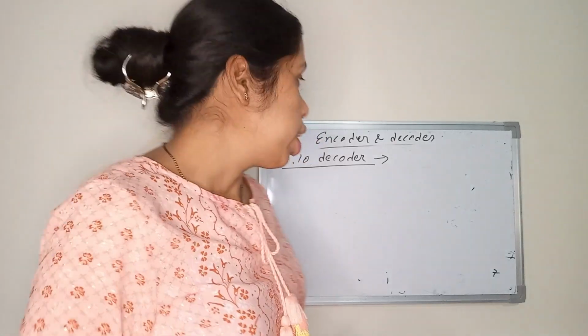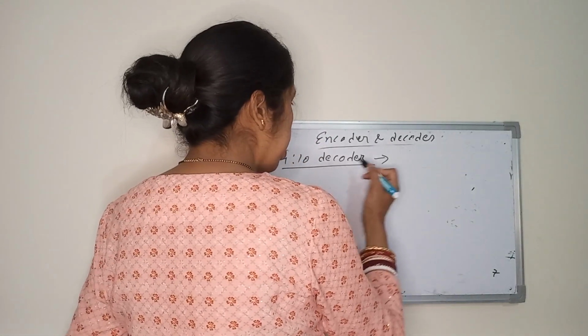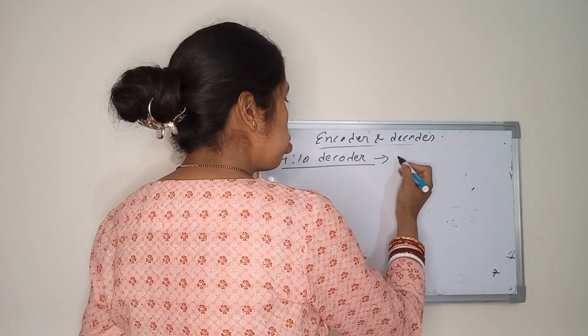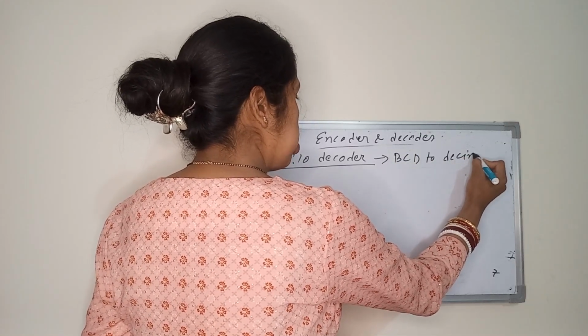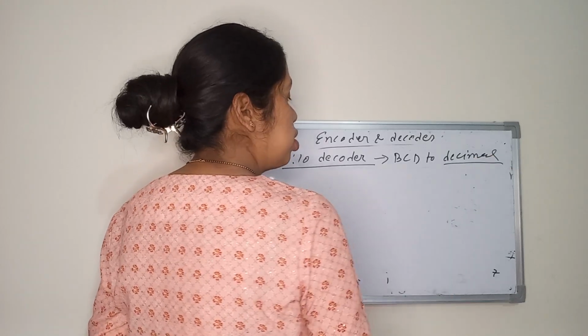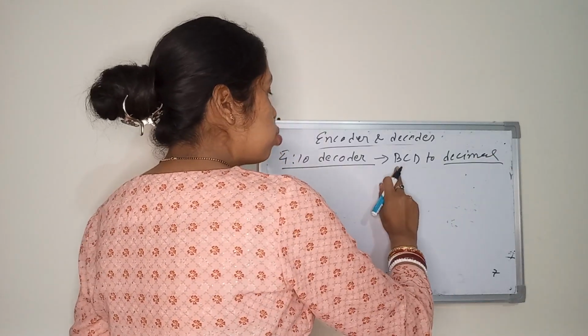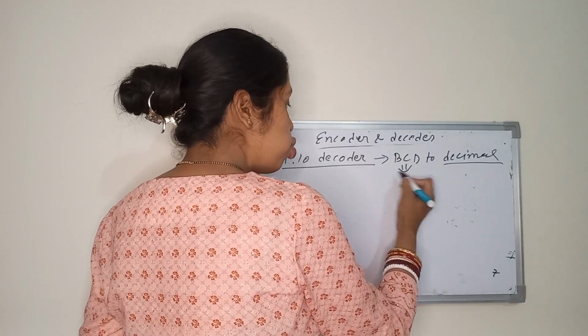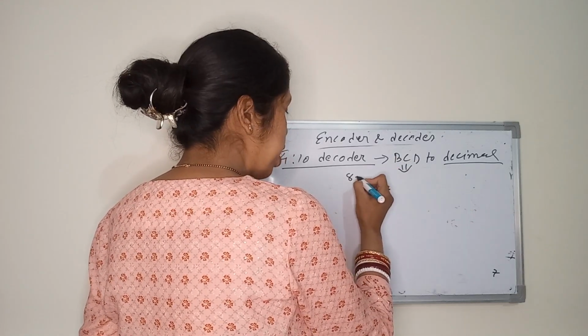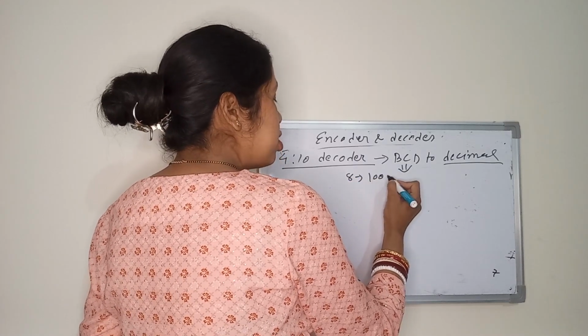So for the 4 to 10 decoder, we use it for BCD to decimal number. The decimal number is the only readable number for humans, right? BCD means a binary number which consists of 4 binary digits. Suppose I have 8, 8 means 1 0 0 0.